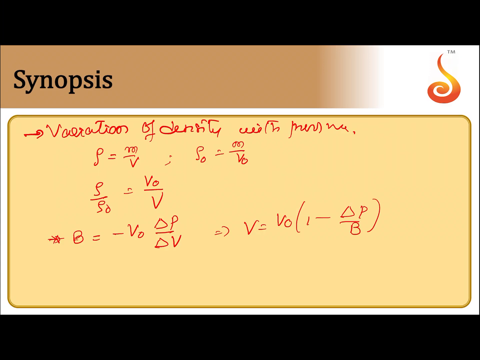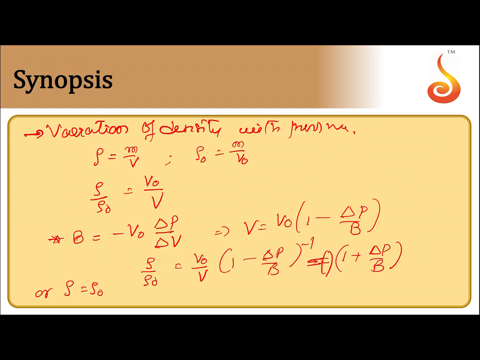So volume variation with respect to pressure is given by this equation. This can be simplified further. We can write ρ by ρ naught is equal to V naught divided by V, 1 minus delta P by B to the power minus 1, which is nothing but 1 plus delta P divided by B, or we can write ρ is equal to ρ naught into 1 plus delta P divided by B. So density as a function of pressure can be represented like this.